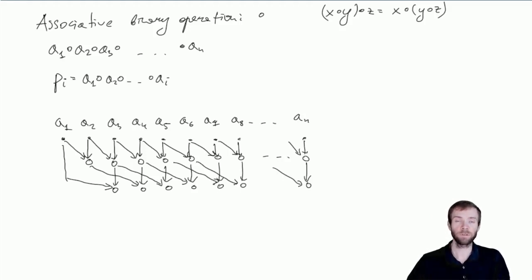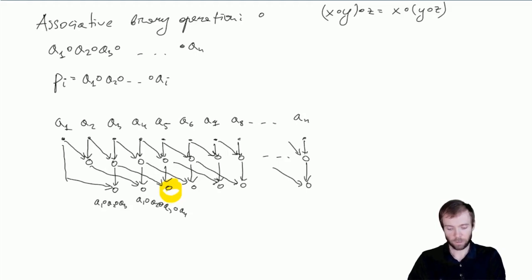So let's see what type of products we have computed here. In this node, we have the product of A2 and A3, which we had here, times A1. So here we have A1, A2, A3. In this node, we have the product of A3 times A4 and A1 times A2. So actually, at this node, we have the product of all first 4 values.